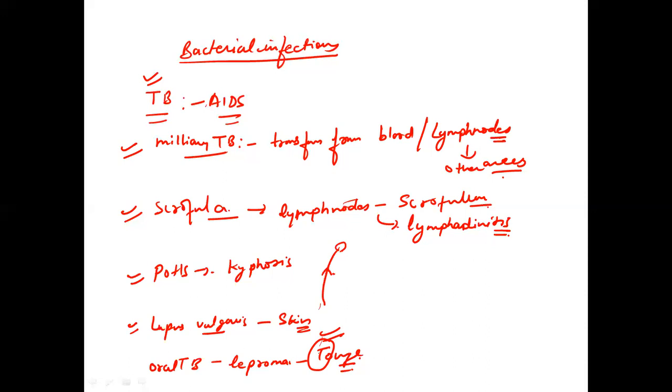If it is secondary oral tuberculosis, then there is ulceration of the mucous membrane.